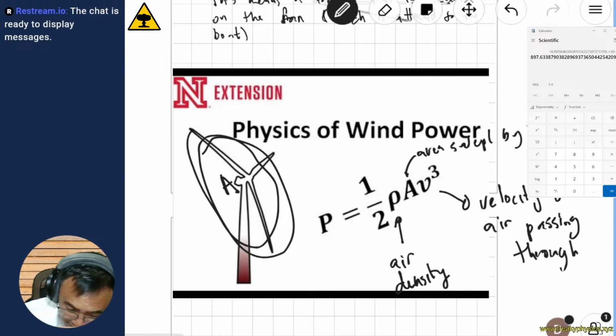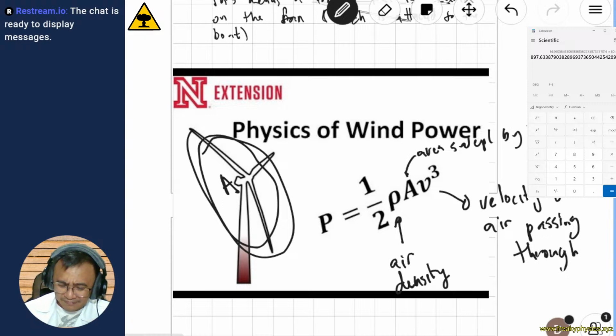This is telling us, if the wind is pushing the wind turbine and making it turn, how much power we can get. If we reverse the situation, instead of the wind pushing the wind turbine, it's now the blades of the fan pushing the air. So you're still gonna use this same formula but in reverse.